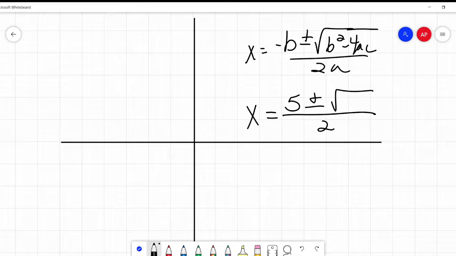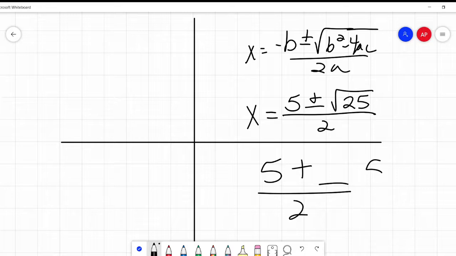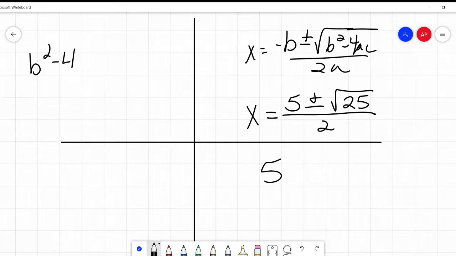If I have any positive number under here, even one that doesn't have a perfect square root, I'm going to have 2 answers because it's going to be 5 plus this positive answer, whatever is out here. It doesn't have to be 5. Going to be adding a positive answer and then subtracting a positive answer. So I'll have 2 solutions. That is to say, when b squared minus 4ac is positive, there are 2 solutions.